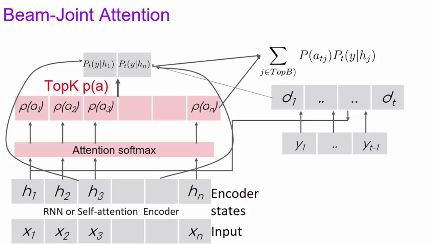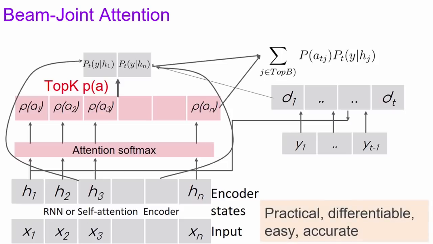So for this beam joint attention, once you have computed the probability distribution over attention variables, you take the top k of these attention probabilities, and let's say in this example k is equal to 2. Over just these 2 values you create the probability distribution over the output, and then you do marginalization over a limited number of terms.